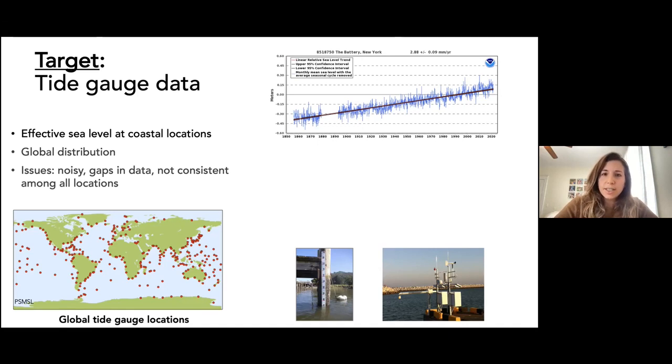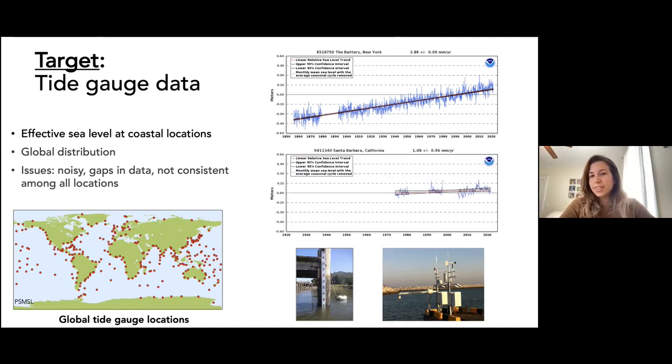Just as an example, this is the Santa Barbara tide gauge, which does not cover the whole range of scales. There seems to be some sort of start-stop in noise. So there is some need to incorporate this data because it's very, very valuable, but there are some issues with it as well.